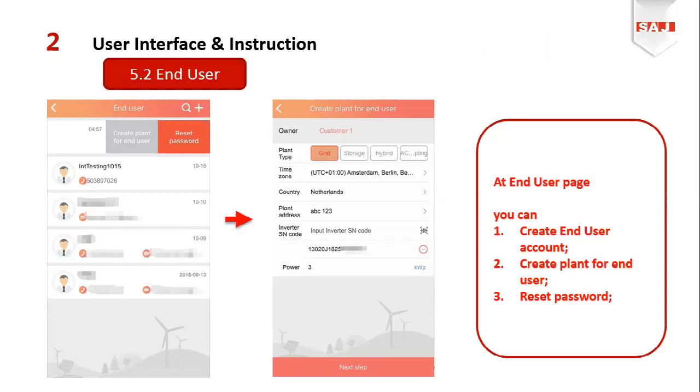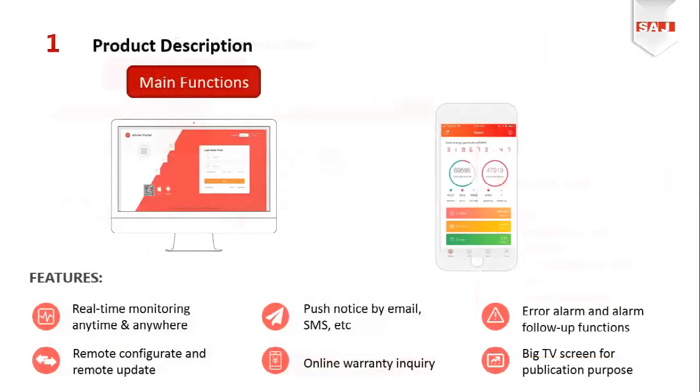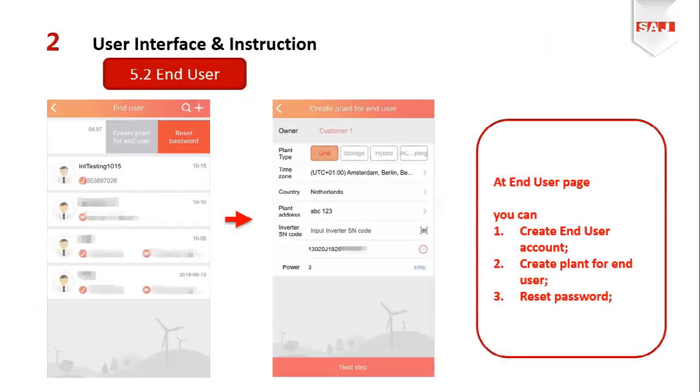Then you will finish the plant creation for the end user. Then with the end user account, the end user can log in to the eSolar Air application to go through the state and performance of the inverter.